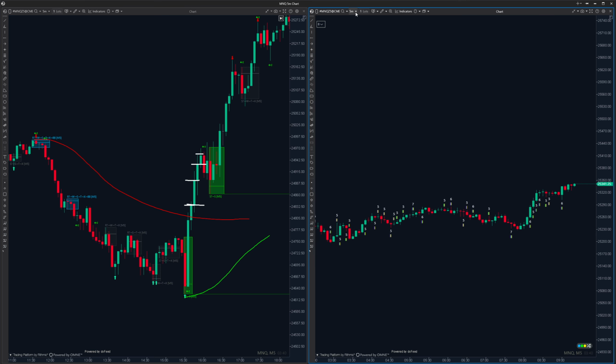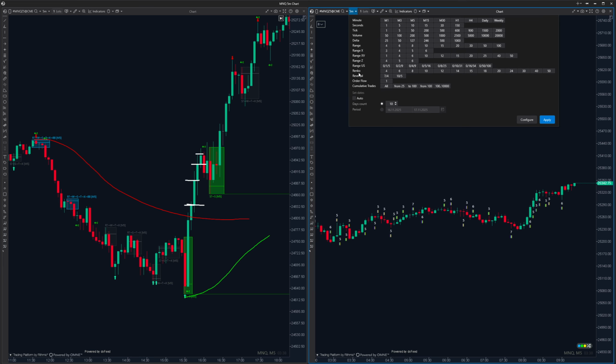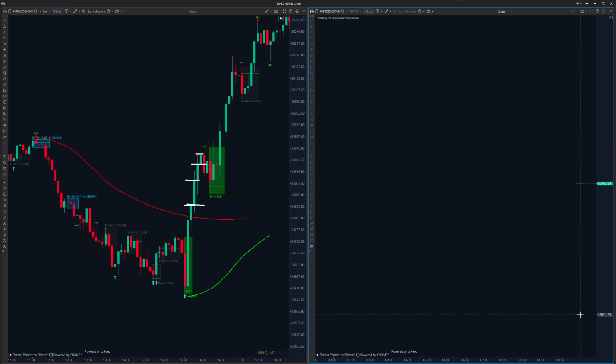I will switch to something more appropriate, like Renko 18, which I currently like the most. We need to wait for the data a little. Renko 18, I hope I don't have too many days there, because it takes some time to download the candles.